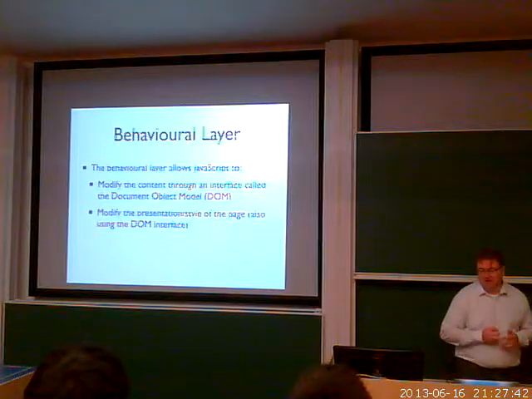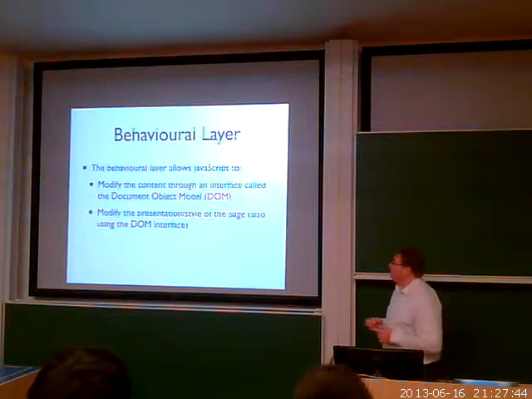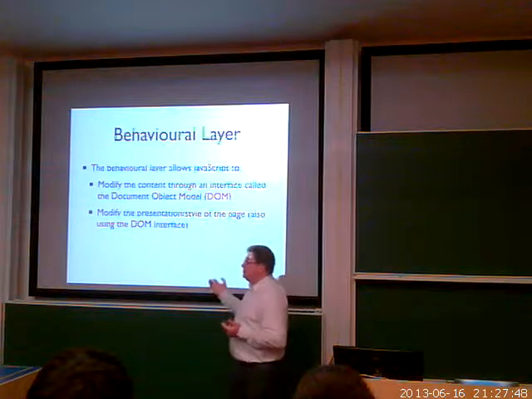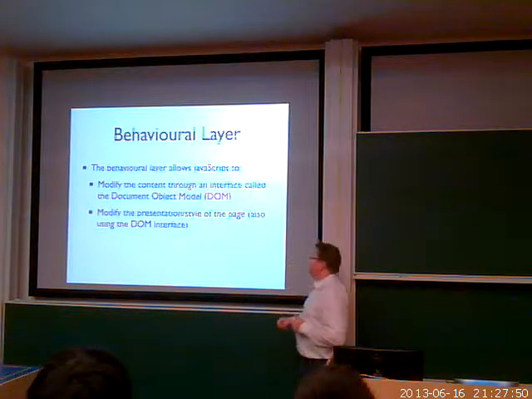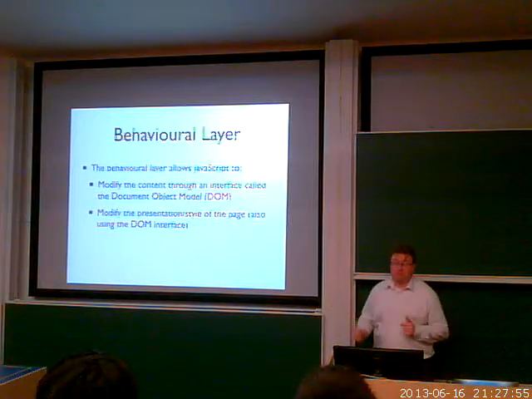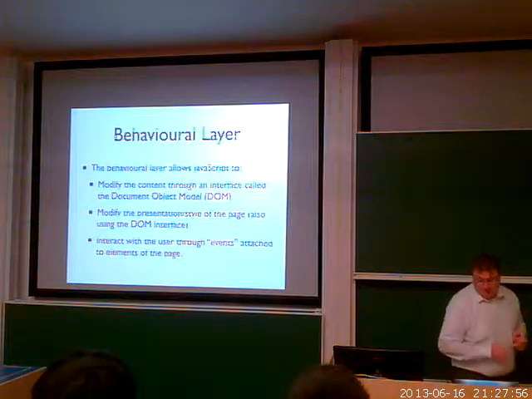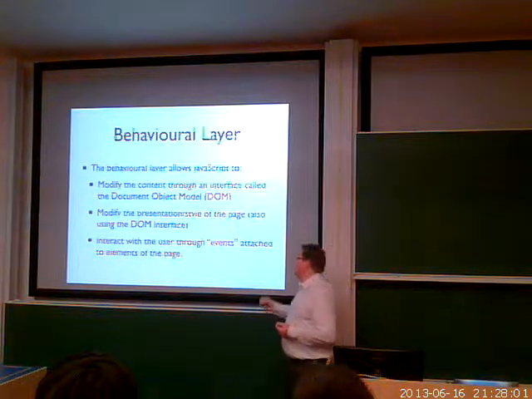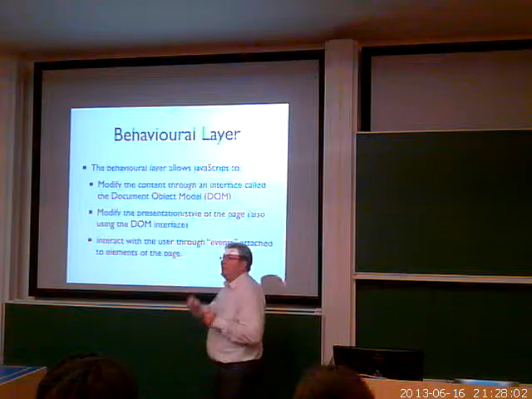We'll look at that in a bit more detail later. So with your JavaScript, you can modify the presentation and the style of the page, also using DOM, so you can change the CSS rules. And then perhaps the most exciting thing you can do is interact with the user by attaching events to elements in the web page.